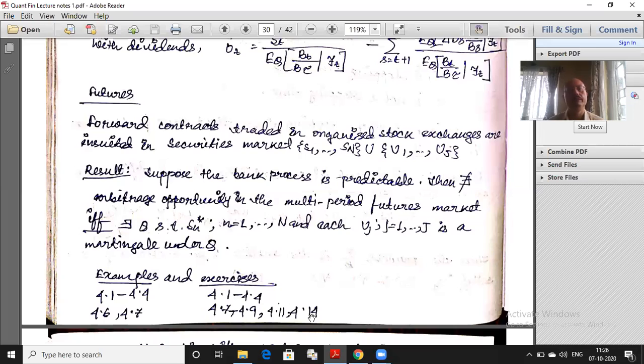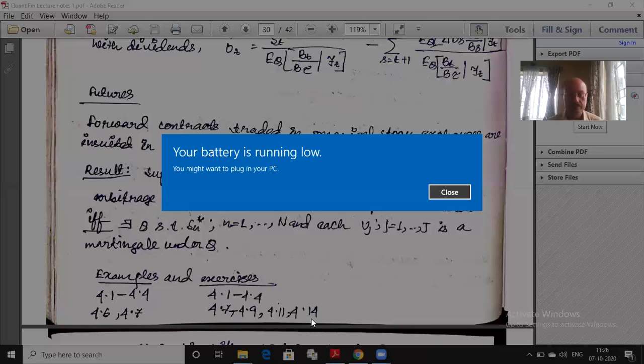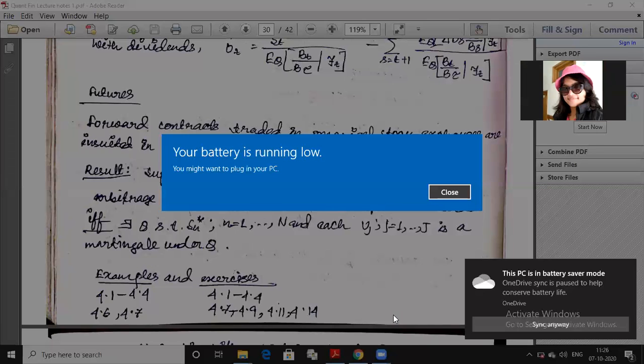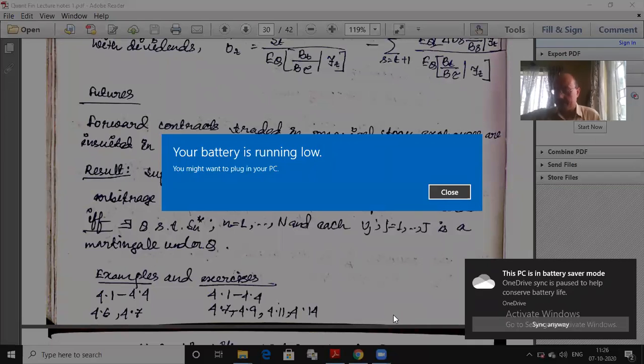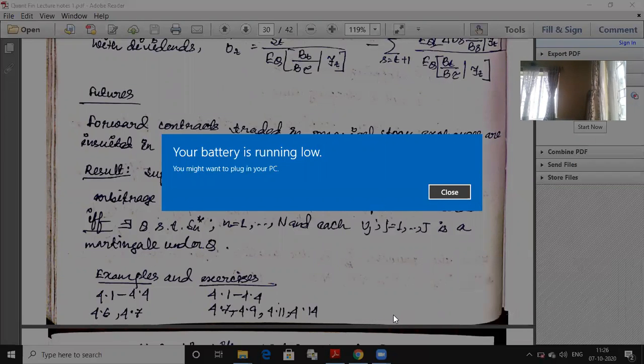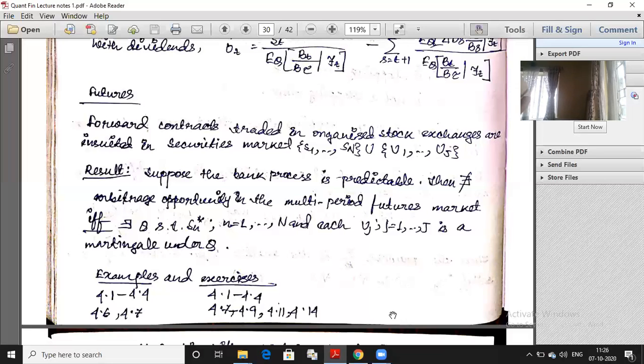Okay, all of you can see this? This is visible. Yes, sir. Yeah, just a second. Okay, so these are the exercises and examples I want you to study.